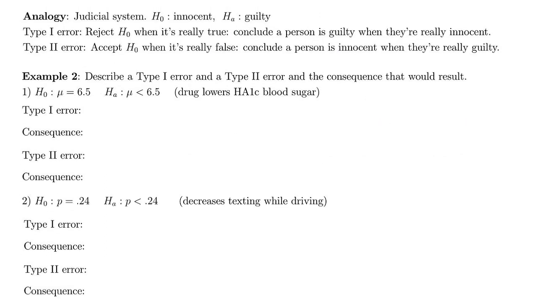So let's formulate some errors and talk about their consequences. In example 1, we looked at a medication for blood sugar. The null was mean equals 6.5. The alternative was less than 6.5. A type 1 error: you reject H0 when it's really true. So you reject that the mean is 6.5. You conclude that mu is less than 6.5 when mu equals 6.5 is the one that's true.